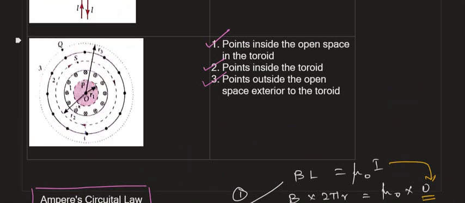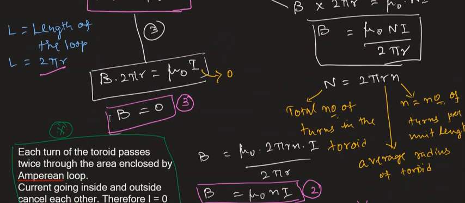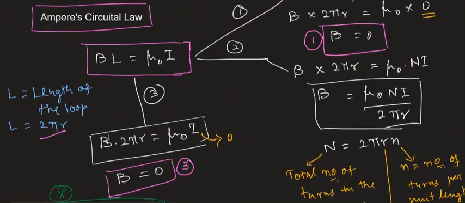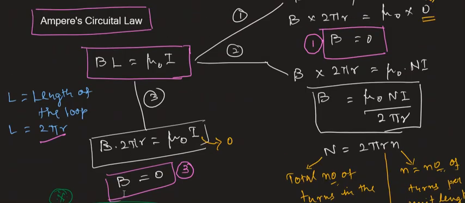Equal numbers of turns are coming inside and going outside the paper, so they cancel each other. So the current is equal to 0. Since the current is 0, the entire term becomes 0. So there is no magnetic field outside the toroid, in the exterior space. You understand? Right.